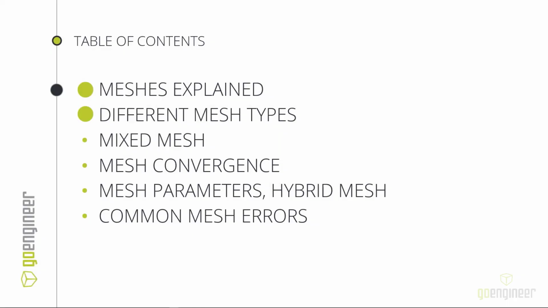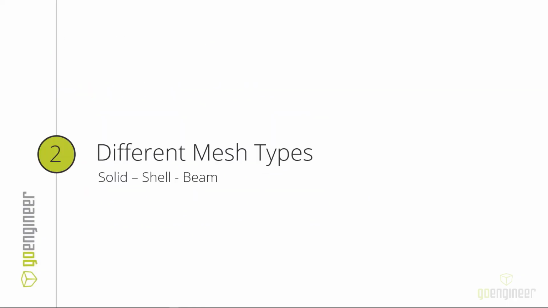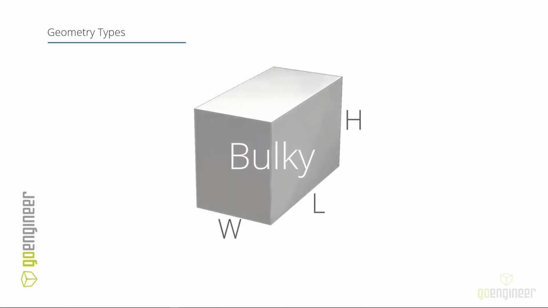Let's talk about different types of meshes. Before we get into that, we need to talk about different geometry types. The first type is what we consider bulky geometry. Think of a brick, where the length, width, and height are very similar.